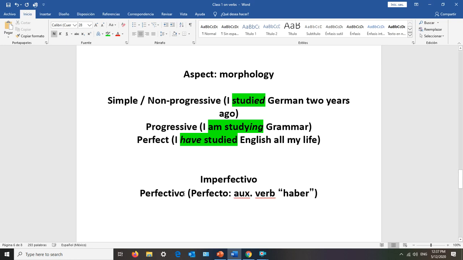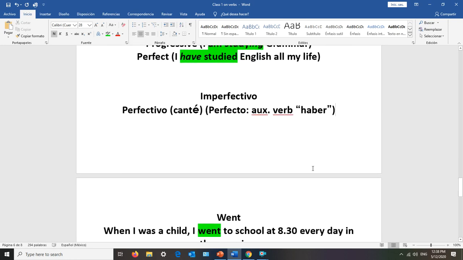Which is, for example, not the case in verbs such as canté, which is a perfective form, shows perfective aspect, but employs no auxiliary verb haber. Okay? But in general terms, the distinction is between imperfectivo and perfectivo, as you know, categories that have been grammaticalized in Spanish verbs. Yes. So copying this now.